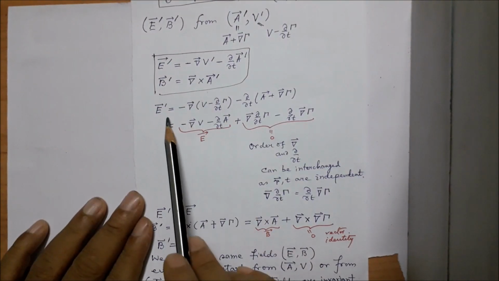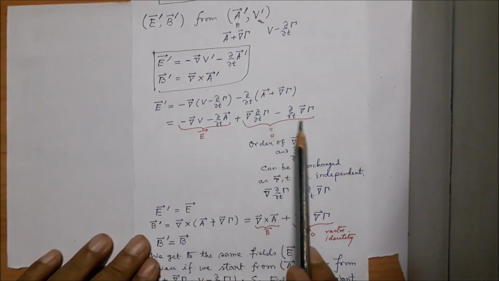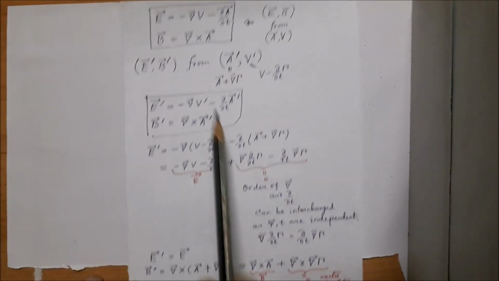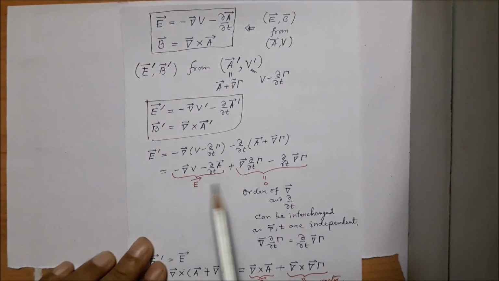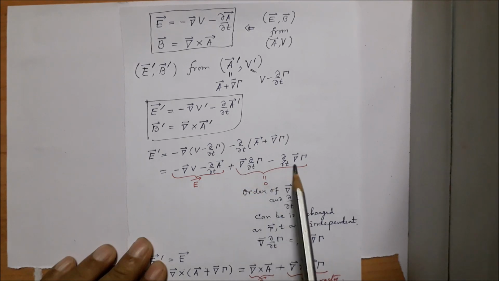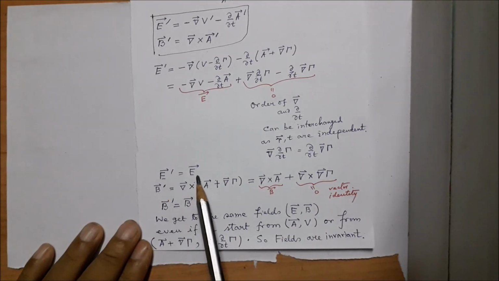And if we do that, the value of E turns out to be this one, and this part is just E. This E is here reproduced, and this part cancels out because here again two operations are involved in these two terms, and since space derivative and time derivative can be interchanged, they cancel out. So what we have is actually E prime is equal to E.